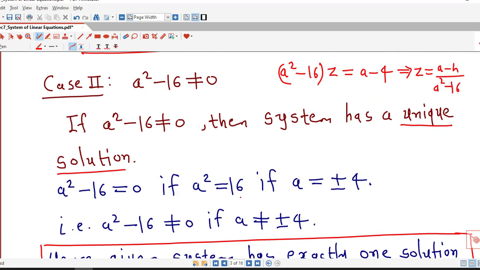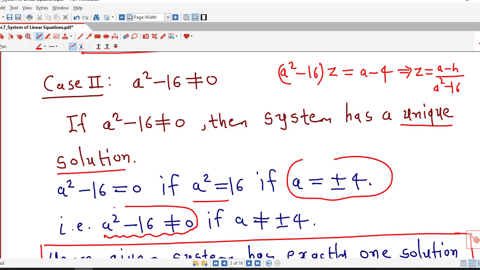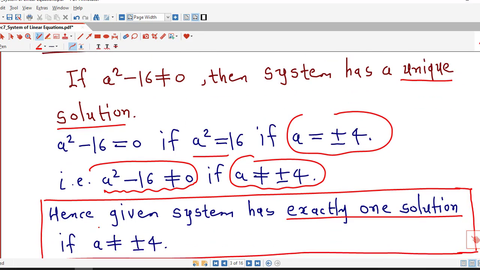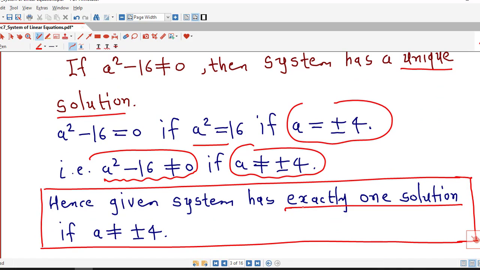Now a² − 16 is 0 if a² is 16, that is, if a equals plus or minus 4, and a² − 16 is not equal to 0 if a is not equal to plus or minus 4. So if a is not equal to plus or minus 4, the given system has exactly one solution.